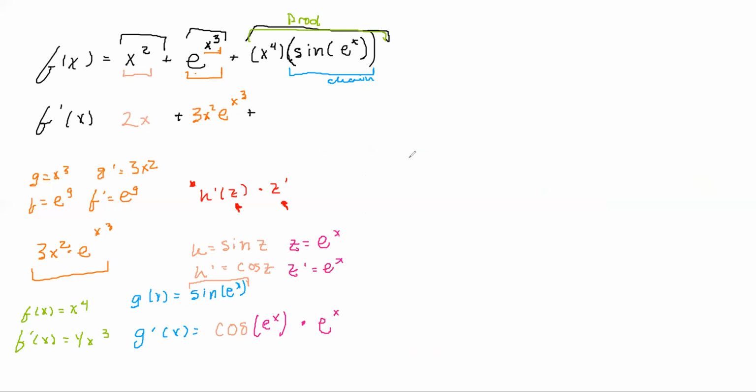I have f prime for product rule, f prime g plus g prime f. So 4x cubed times sine of e to the x plus g prime, which is e to the x cos e to the x times f, x to the 4.